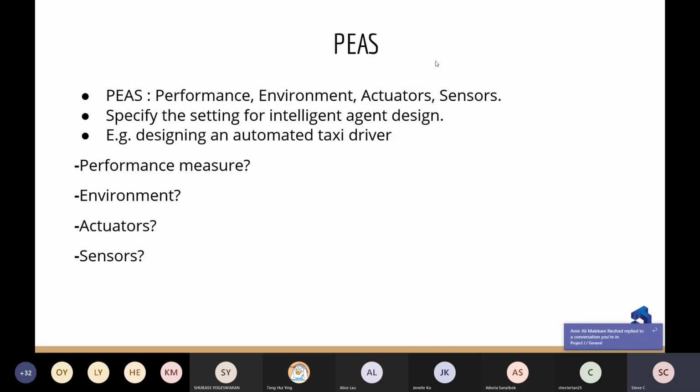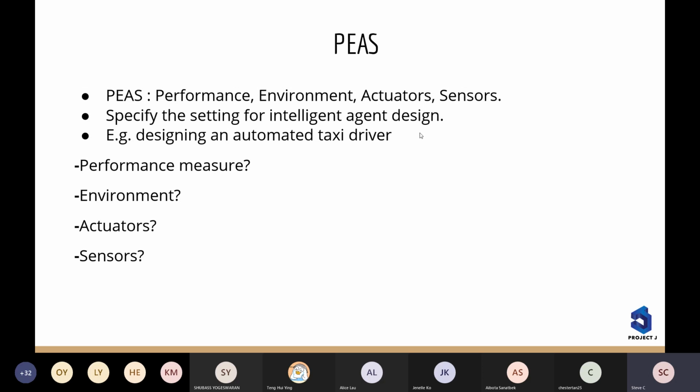Pun not intended, yes. So this is actually a model or a method used by AI designers to specify the setting for intelligent agent design. So say you want to design an automated taxi driver, or in today's context, an automated Grab driver, whatever you want to call it.